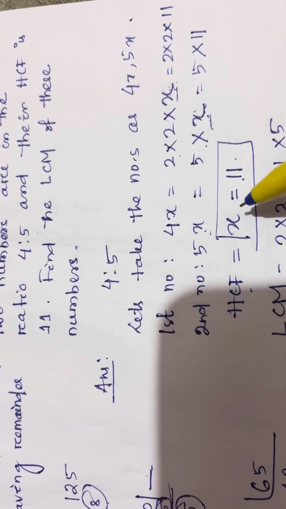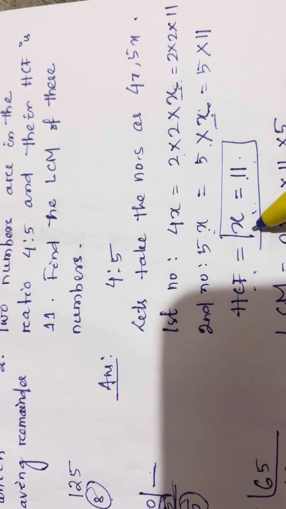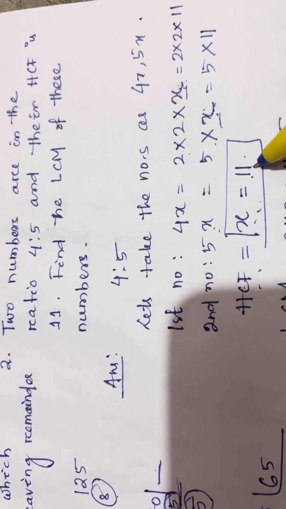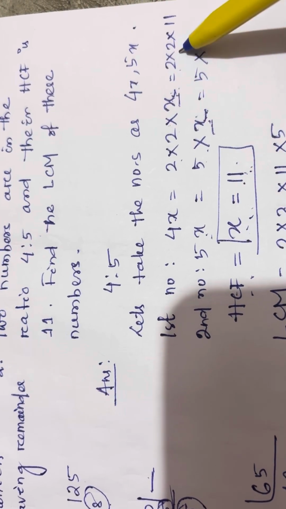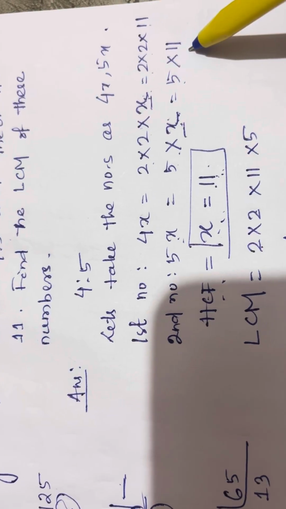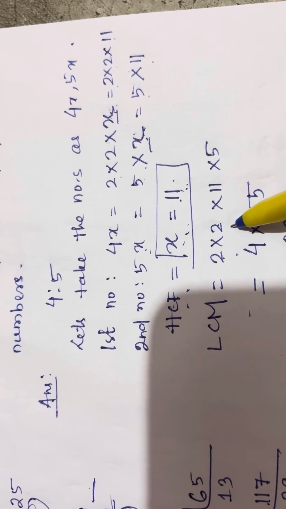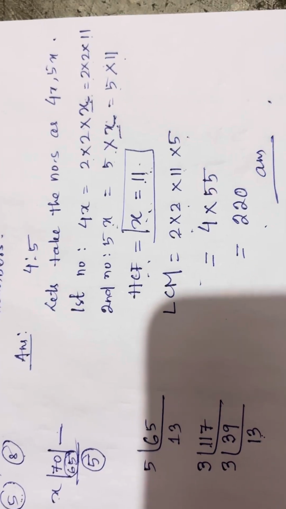So HCF is equal to x, but HCF is already given as 11, so eventually x is coming as 11. On putting back this value of x, we got 2 into 2 into 11 and 5 into 11. Now we find the LCM, that is 2 into 2 into 11 into 5, which is equal to 220. I hope it's clear now.